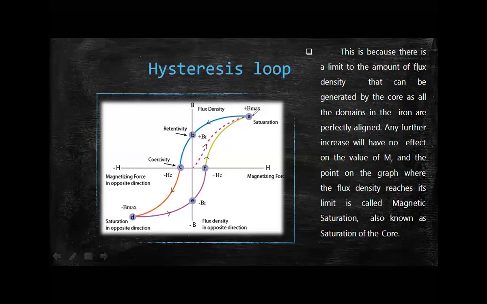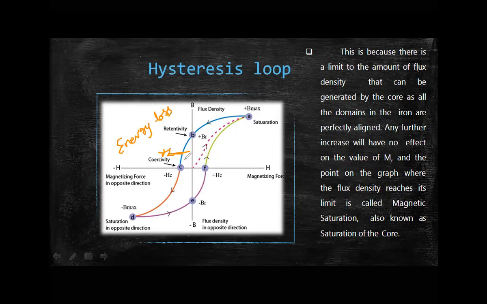If the area of this curve is more, the energy loss is more. If the area is small, we call it a soft magnetic material. So it depends upon the area that we get here, so we can tell whether the energy loss is more or not.